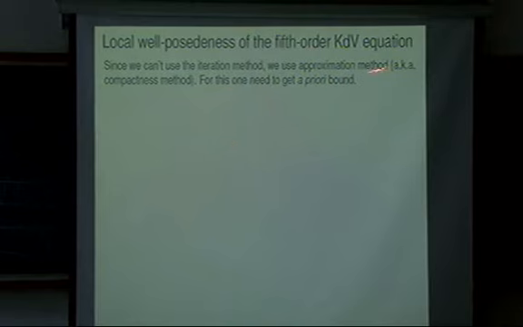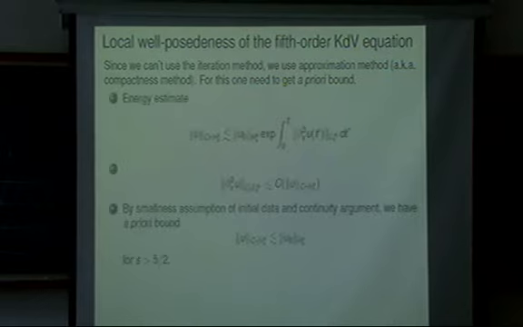In the compactness method, finding an a priori bound is the first step, and the biggest step, to show the local well-posedness, which means for given initial data in HS, for a short time, if we assume that the solution exists, then the C_T HS norm of the solution is bounded by the initial data.